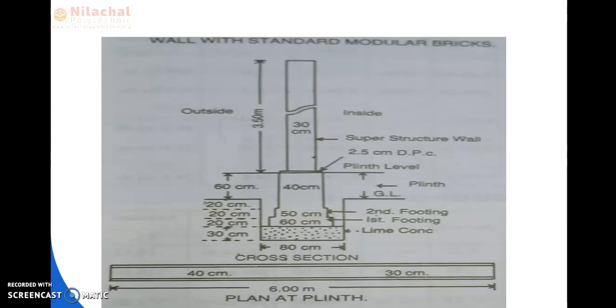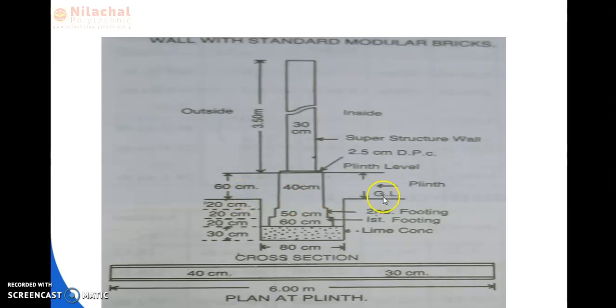Here 3.50 meter is the superstructure height provided in the plan, and the plinth level to ground level distance is provided as 60 centimeter. Here 3.50 meter, and 60 centimeter converts to 0.6 meter. So 3.50 plus 0.6, how much? 4.10.